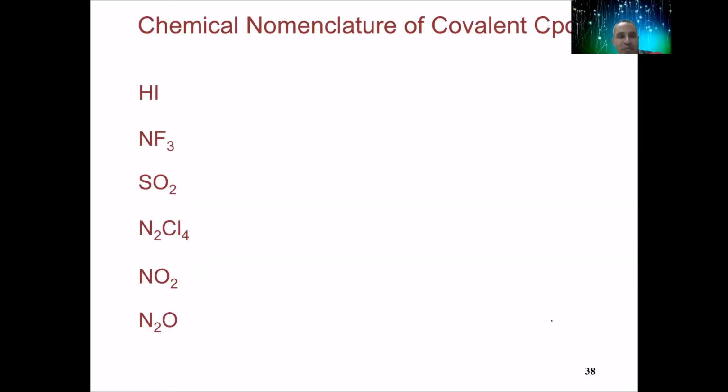The first example is a combination of hydrogen and iodine. If you look at the periodic table, you will find that hydrogen is indeed further to the left with respect to iodine. So that's why the name will have hydrogen first. So it's hydrogen, followed by the name of the other ion, which is going to be iodide with IDE at the end.